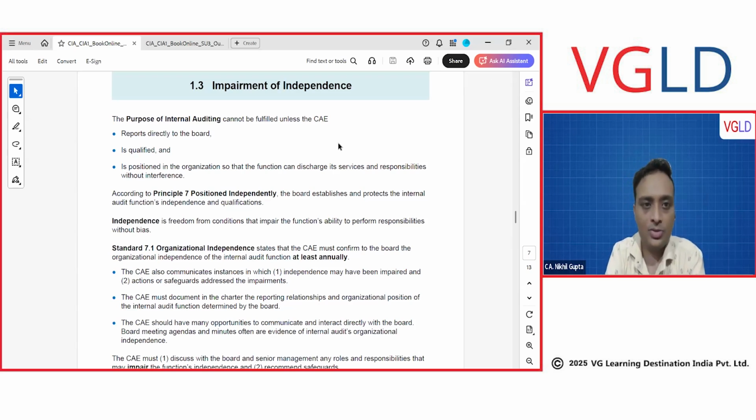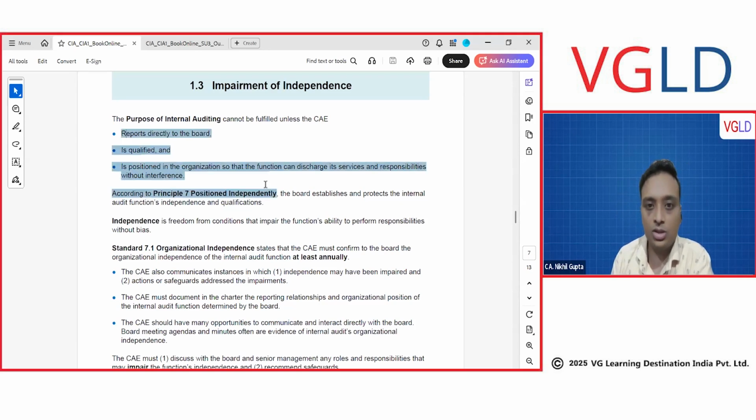So, impairment of independence, we already discussed it. The purpose of internal auditing cannot be fulfilled unless the chief audit executive directly reports to the board, is qualified, and is positioned in the organization so that the function can discharge its services and responsibilities without interference. You have to remember these words.